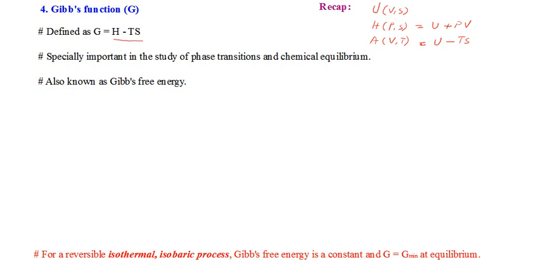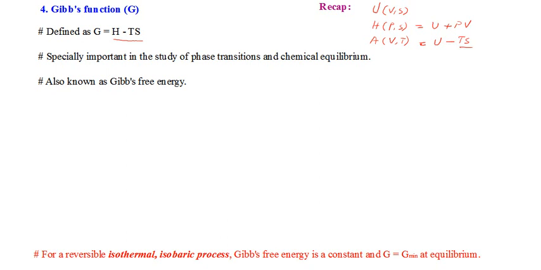So you can compare it with the previously known free energy, which is the Helmholtz free energy. Helmholtz free energy is equal to U minus Ts. So you can see a similarity between the definition of G and the definition of A, both of which are named as free energies. In both of these free energies, you can see there is a term minus Ts.